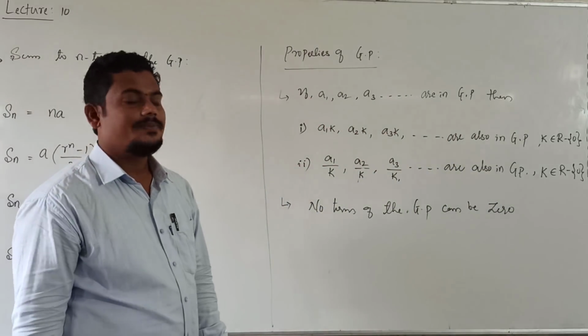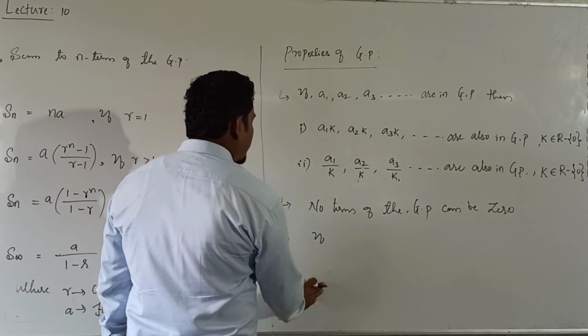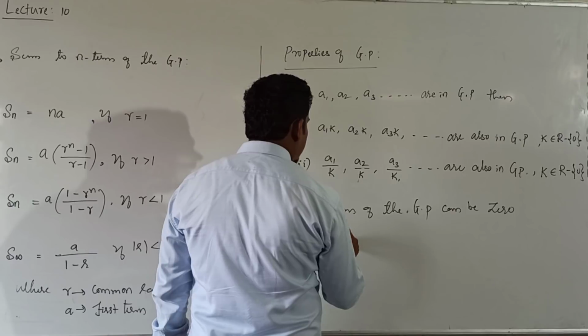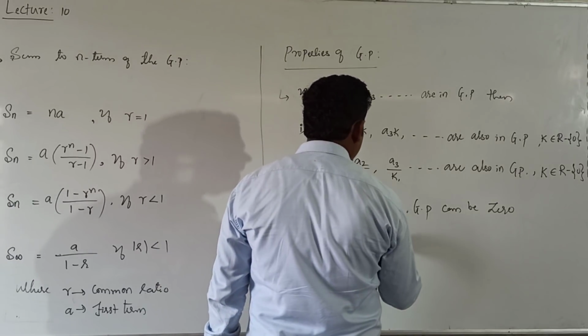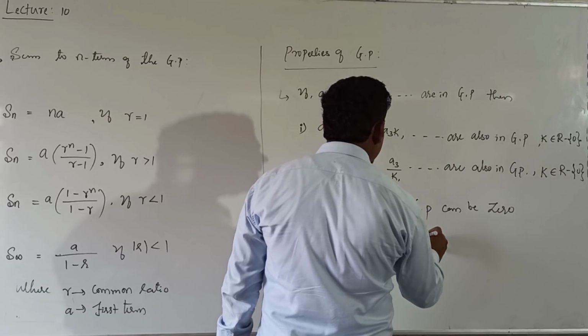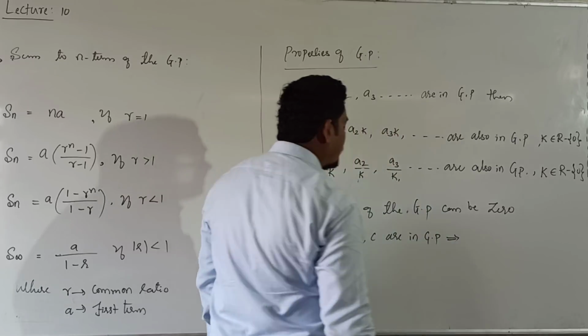No term of the GP can be 0. Next, if A, B and C are in GP, then what is the condition?